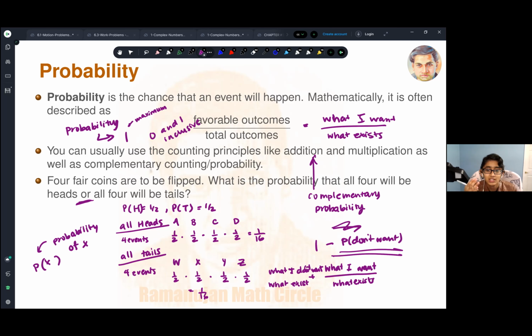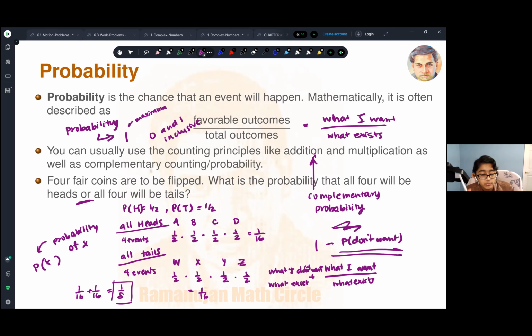Obviously, there can't be 4 heads and 4 tails for 4 flips. So we add 1/16 from the first case and 1/16 from the second case, and we get 1/8. So the probability that all 4 will be heads or all 4 will be tails is 1/8.